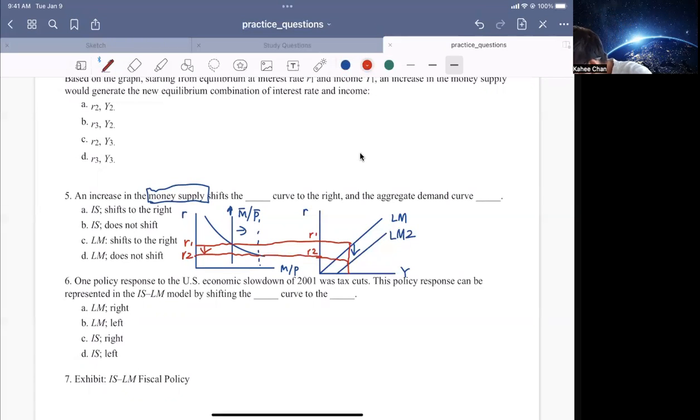So here we can see a rightward shift of the M curve also, which means that Y, the output, is also increasing.